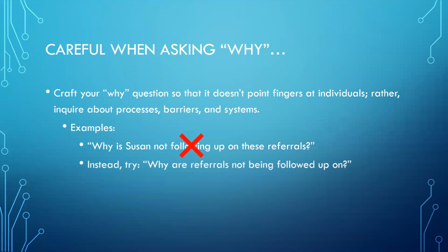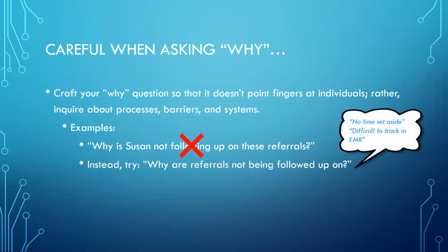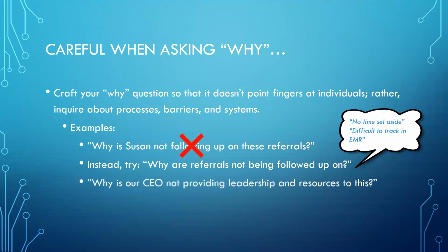It's phrased slightly differently, still gets to the referrals piece, but the answers instead could come out as, well, there's no time set aside to do it, or it's difficult to track these in the EMR. So it gives you a different subset of answers than if you had pointed the blame at one individual.